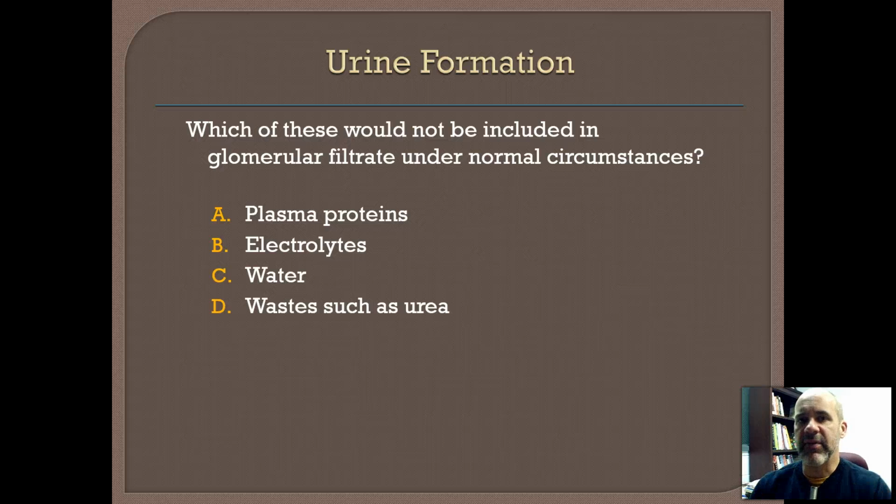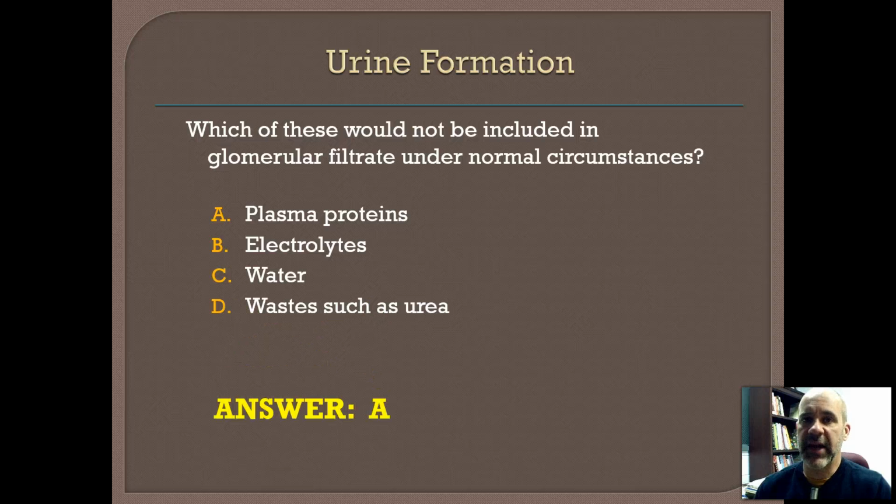What would not leave the blood and become filtrate? Do we think it's plasma proteins, electrolytes, water, wastes such as urea? And think about big molecules can't get squeezed out of the glomeruli. They're too big. Smaller substances, though, do get filtered out.